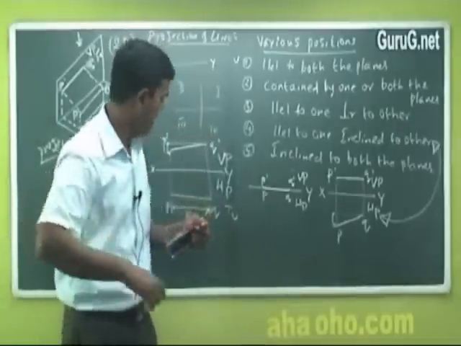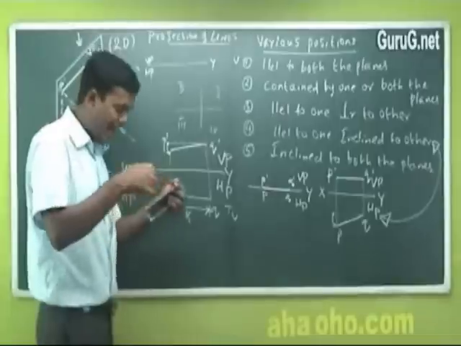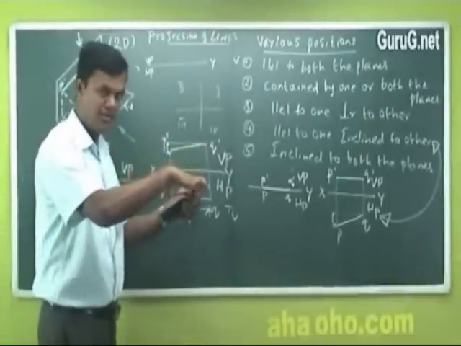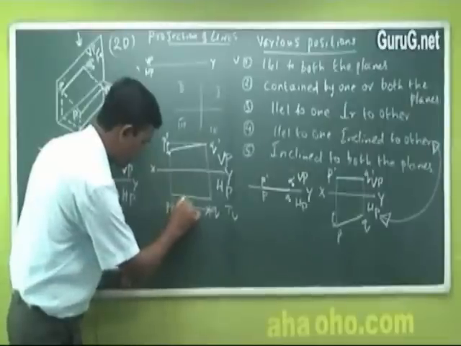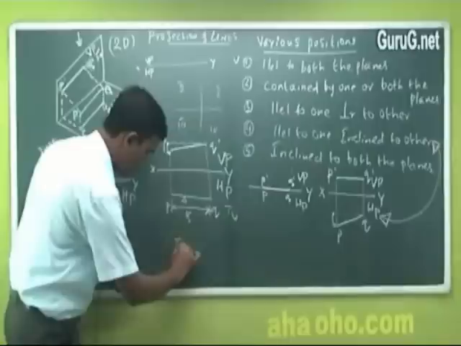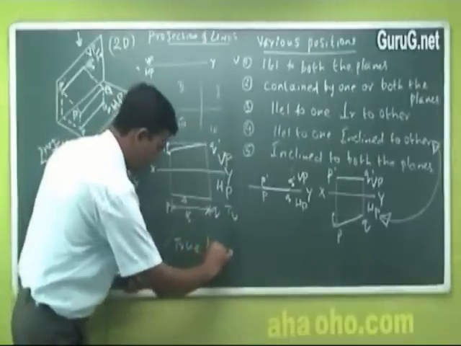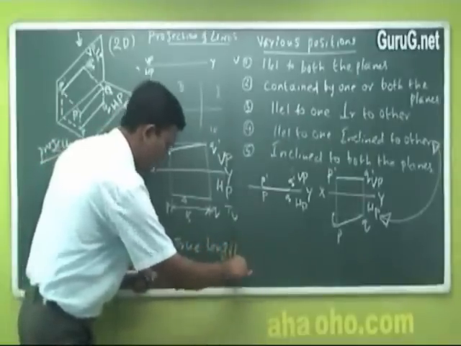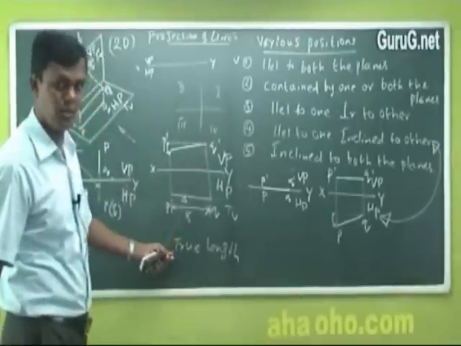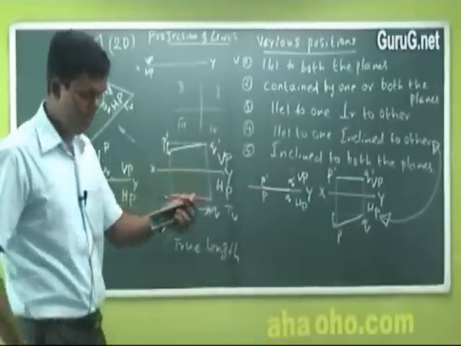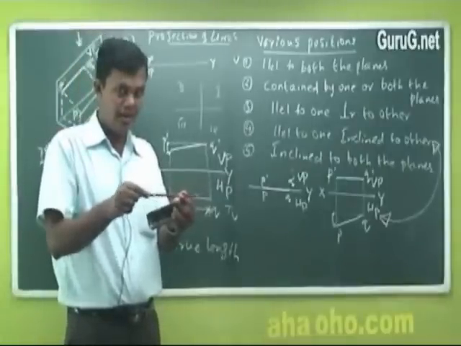So the line which is actual, the proper length decided, is called the true length. True length. Or I would say it is not actually the true length in this condition. Why? Because we are actually rotating a line, right?